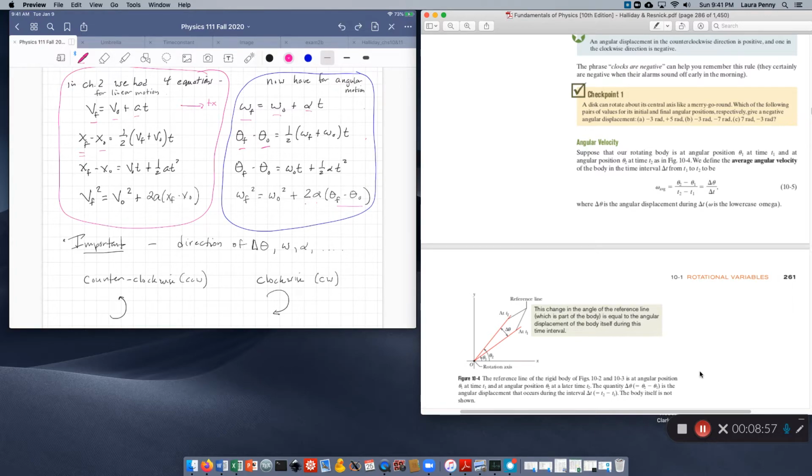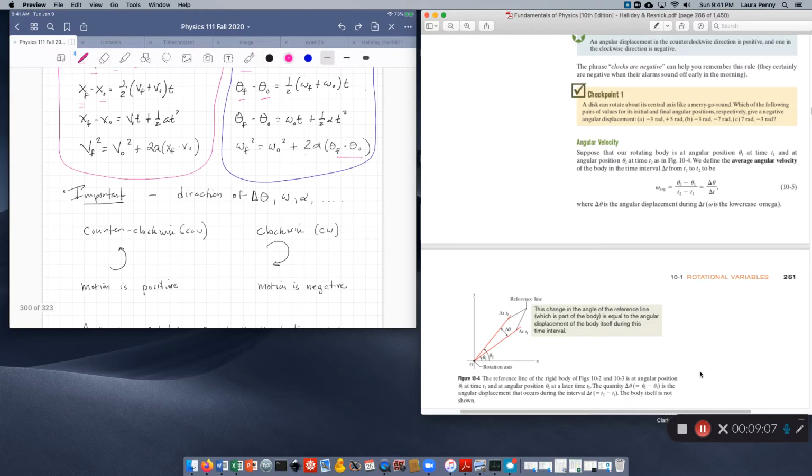So when you do these equations, you have to say one way is positive and one way is negative. In angular motion, this is going to be a distinction between either going counterclockwise or clockwise. With one-dimensional motion, it's either you go left or you go right.